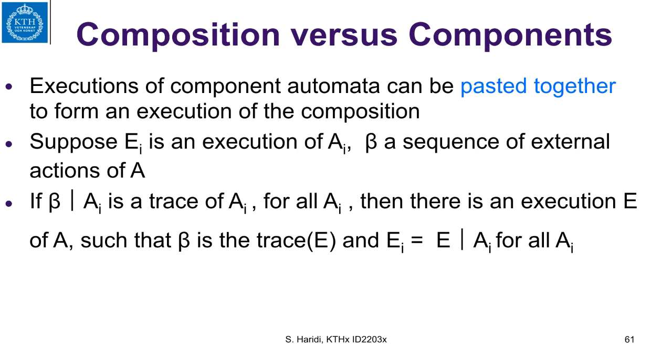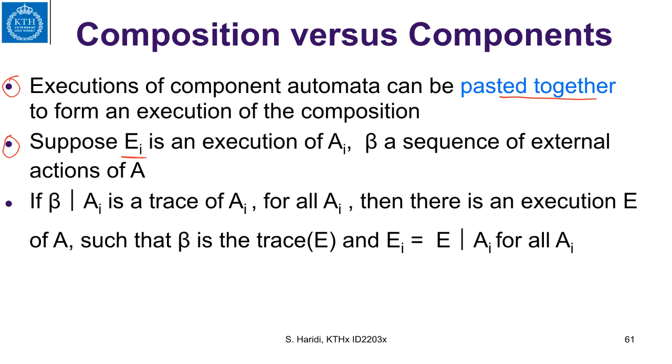Next, we will do the converse, which is, if we know the executions of the components, we can glue them together to get an execution of the composition. So executions of component automata can be pasted together to form executions of the composition.